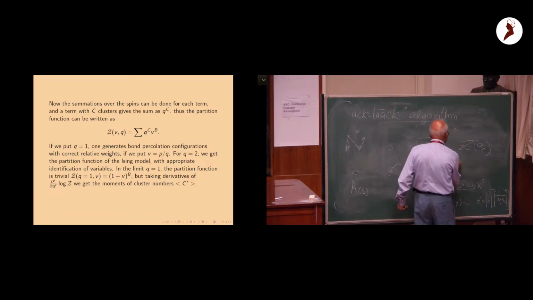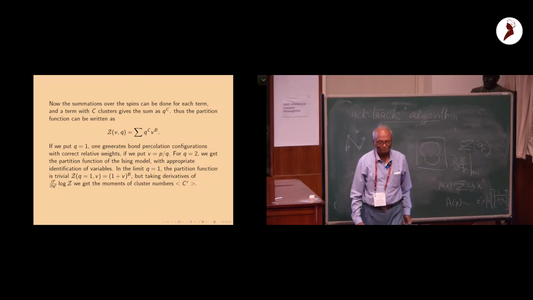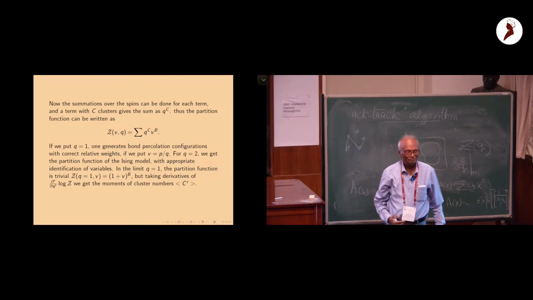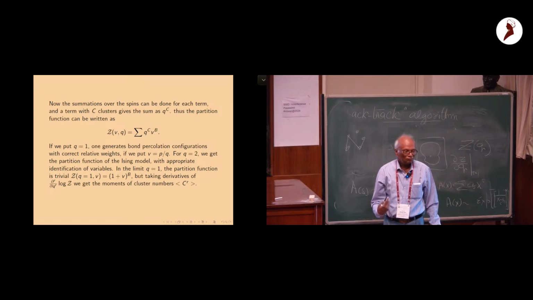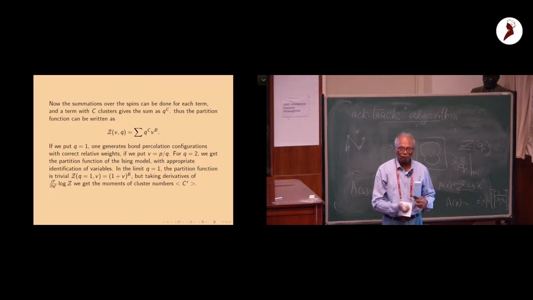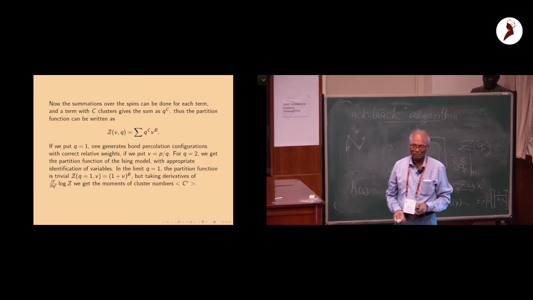But if you take dZ by dq and then put q equal to 1, then you will pull out a term which is proportional to C. It will give you the average number of clusters. If I take two derivatives with respect to q, it will give me the average value of C squared, and so on. So the function as a function of q is sort of the generating function of the moments. Or if you get it for all possible q, then you expand in powers of q, you get all the moments of the cluster number C.